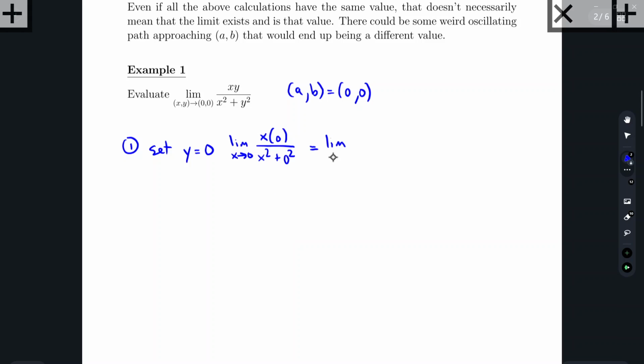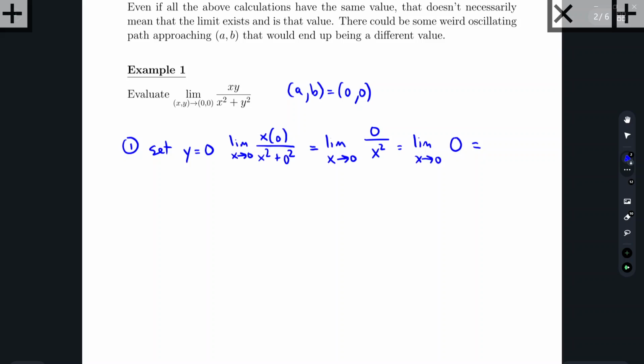Okay, so now how do I calculate this? So as always, you simplify this expression as much as possible before finally calculating the limit at the end, right? So in the numerator here, 0 times anything is equal to 0, and in the denominator you have x squared plus 0, which is just x squared, right? And then again we're still simplifying, so 0 divided by anything is always just equal to 0.